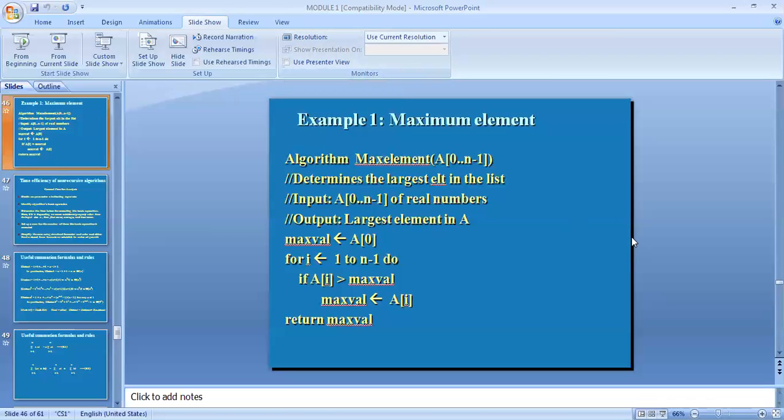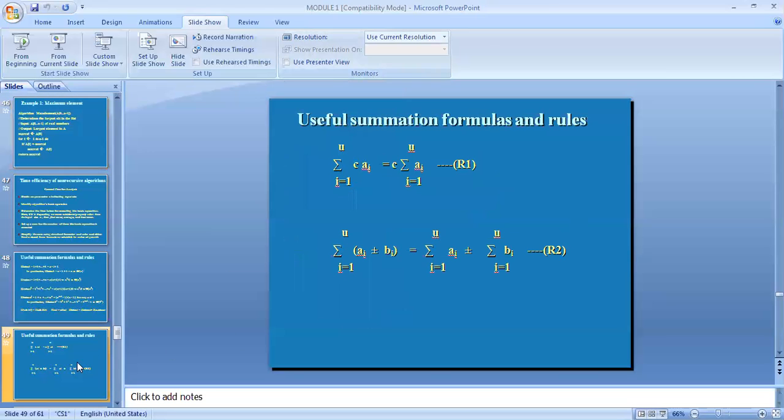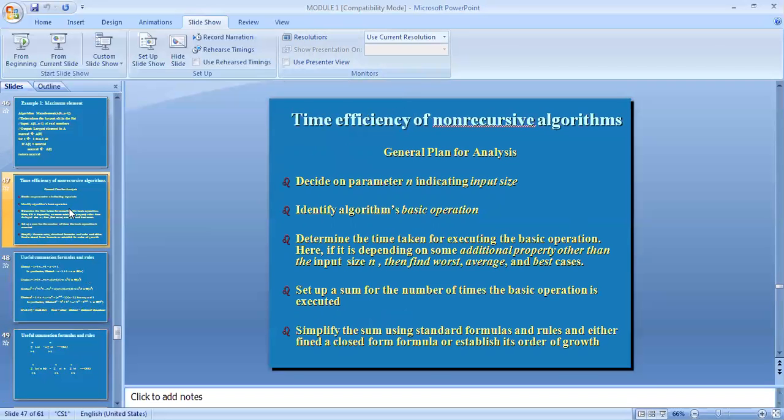The general plan for analyzing the efficiency of non-recursive algorithms is: decide on a parameter n indicating the input size, and identify the algorithm's basic operation. Check whether the number of times the basic operation is executed depends only on the input size.